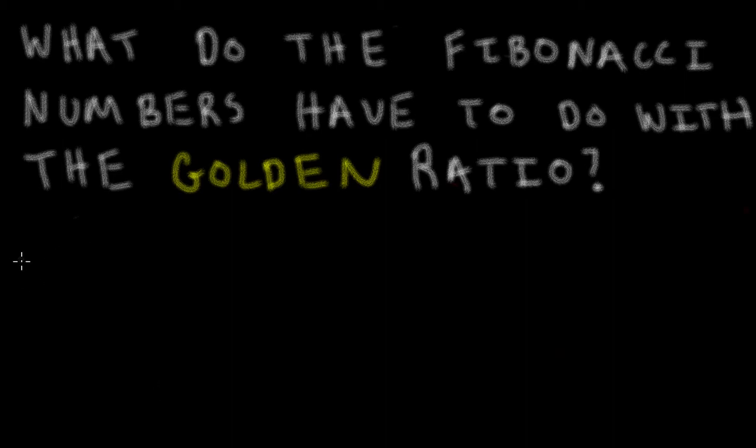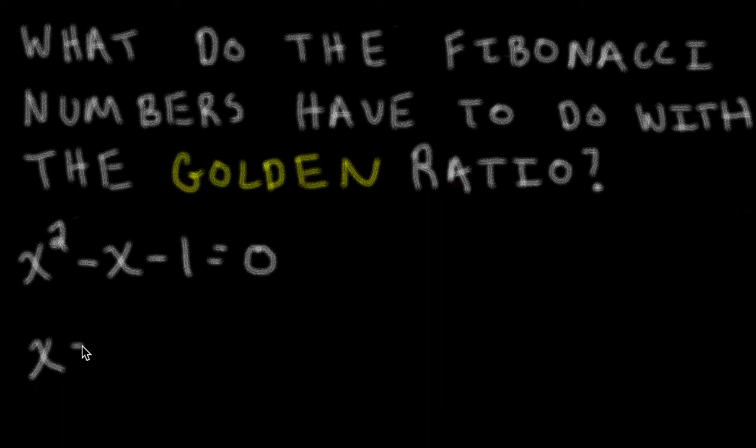So recall that when we found the golden ratio, we had to solve this quadratic equation. And we found that there were two solutions. One of them was a positive number, one of them was a negative number. The positive number was the golden ratio, but they were 1 plus or minus the square root of 5 over 2.